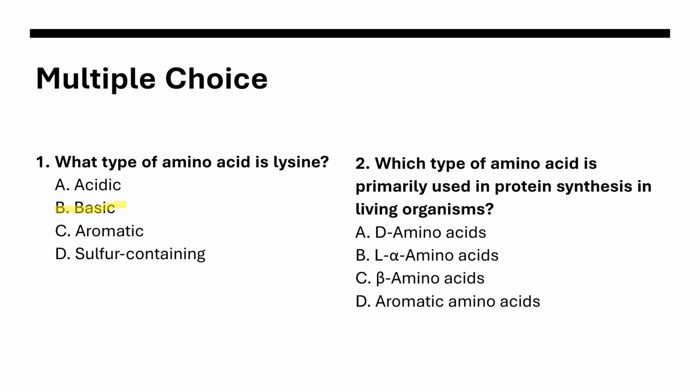In this case, it will be B, L alpha amino acids. And this is because D amino acids aren't typically found in most organisms, rather bacteria. And L alpha amino acids actually work with proteins and protein synthesis in living organisms.